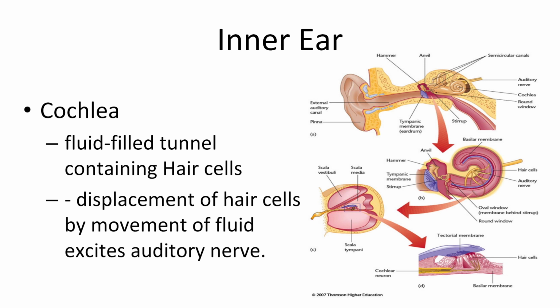So the fluid vibrates in the oval window, and those fluid-borne vibrations then move down the cochlea, and as they do so, they tend to displace tiny hair cells. And it's the displacement of the hair cells, or the movement of the hair cells, that causes an excitement or stimulation of the auditory nerve that is connected to those receptors.